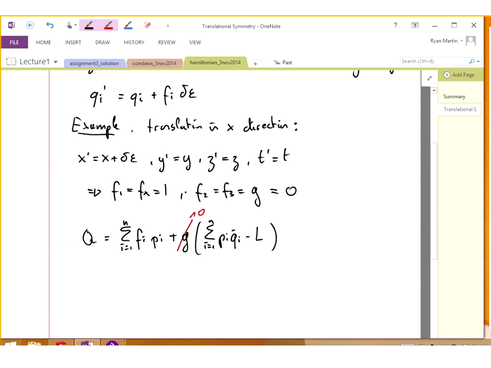And in this sum, all the f's are equal to 0 except f1, which is fx.